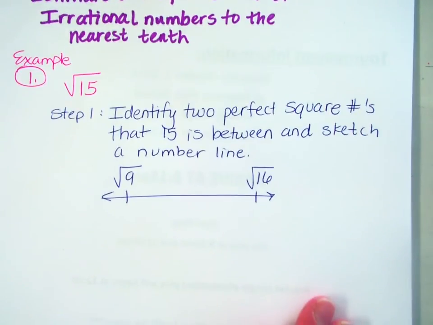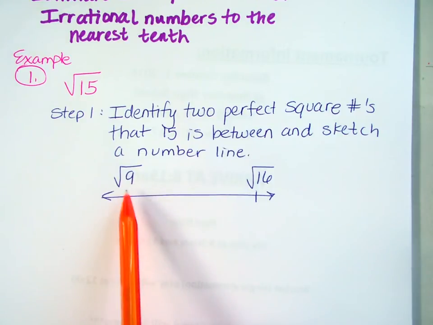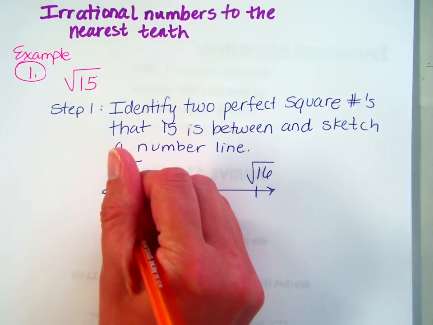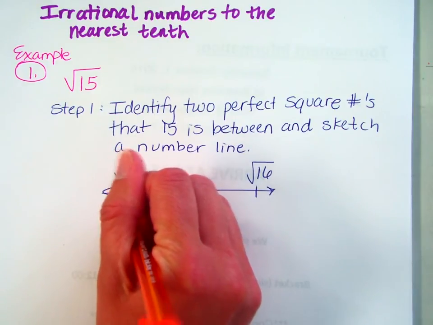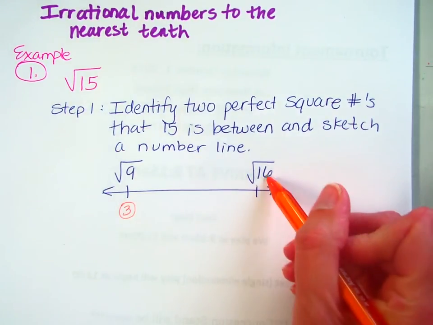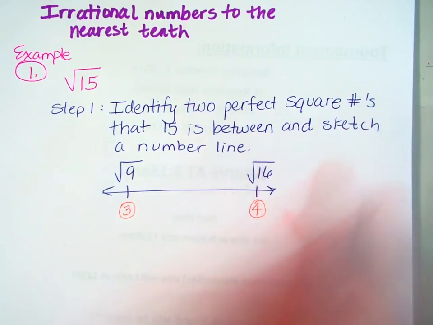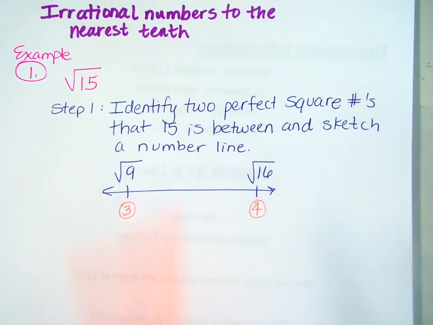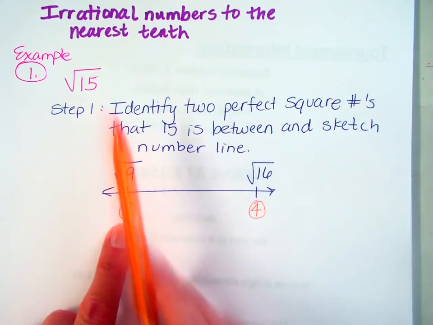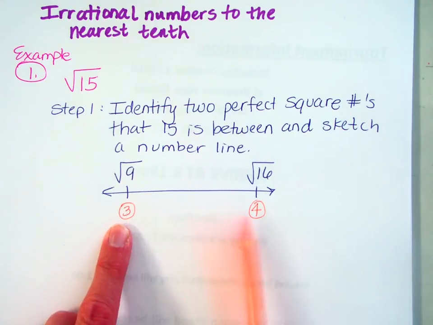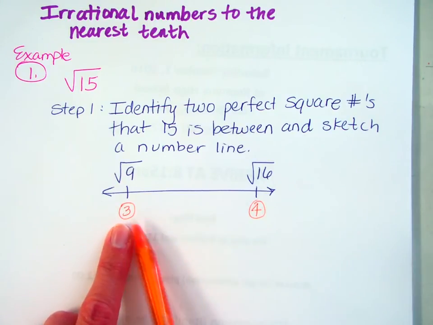And just to think about, too, what is the square root of 9? 3. And the square root of 16 is 4. So when I take that square root of 15, I already have a start here. I know it's going to be between 3 and 4, my answer.